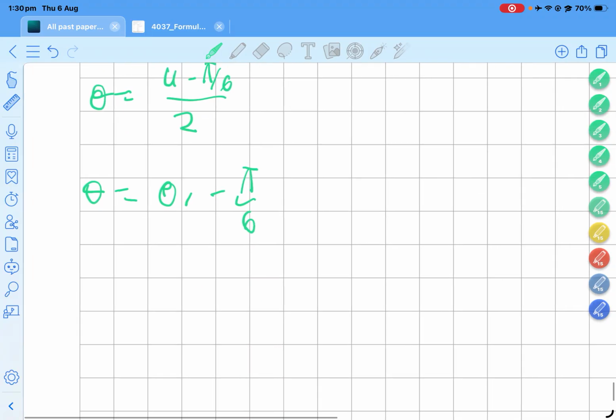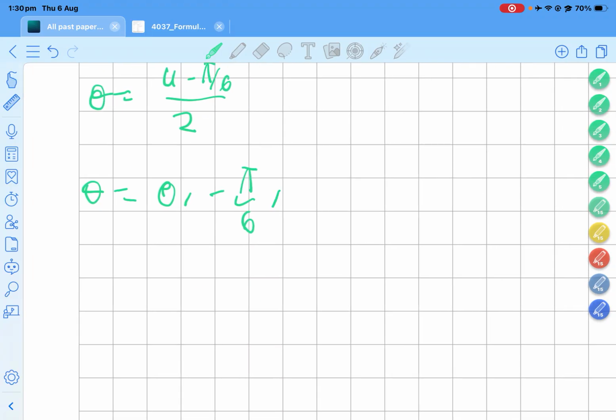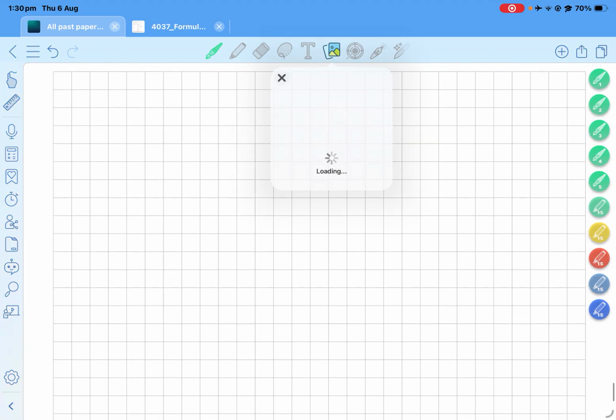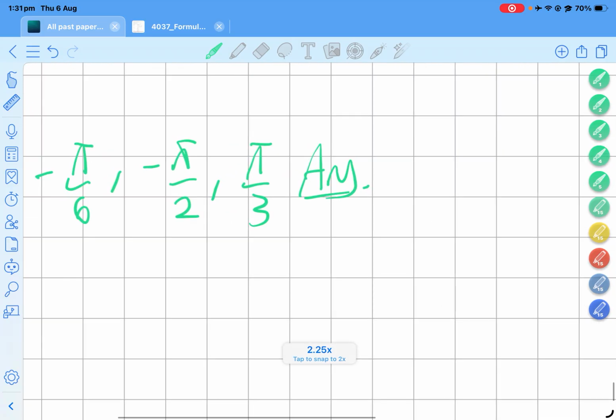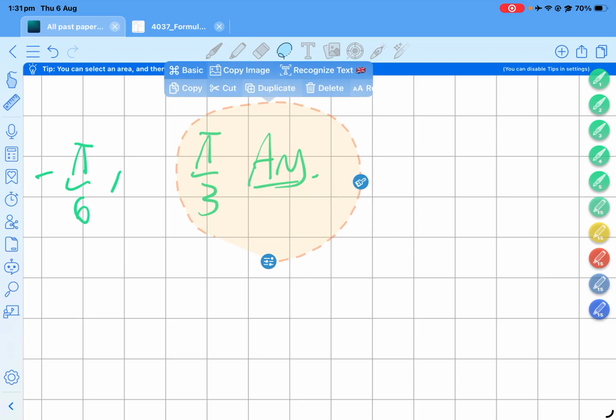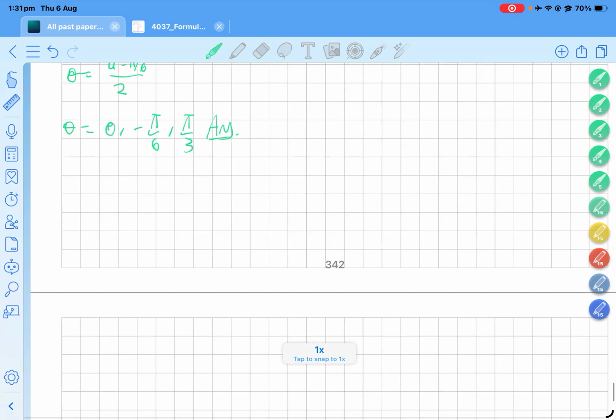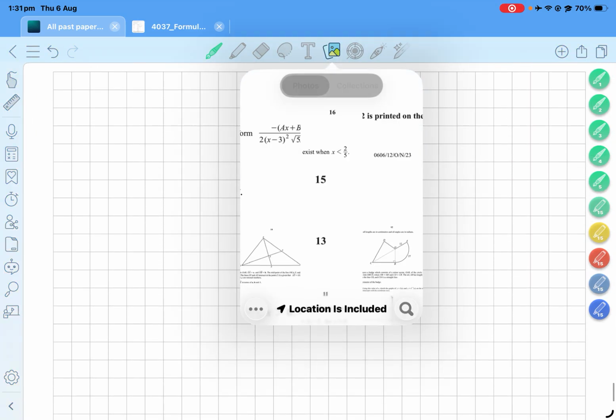So theta is this minus pi by 2 and then pi by 3. Since it's less than, this will need to be eliminated. So it will just be these 3. So yeah, then question 5 is complete.